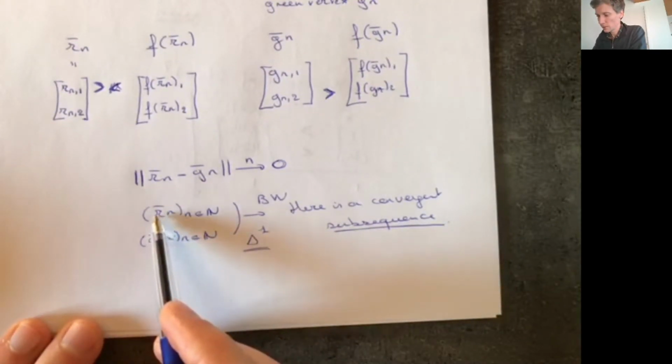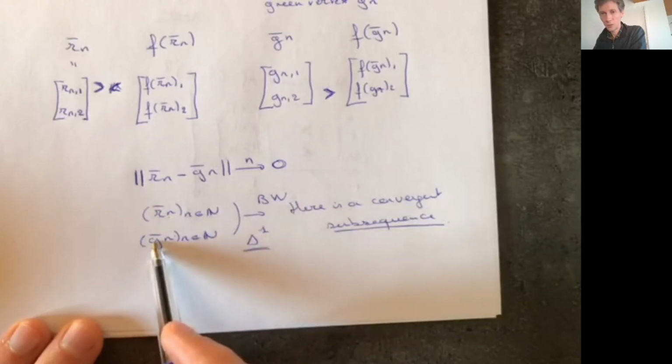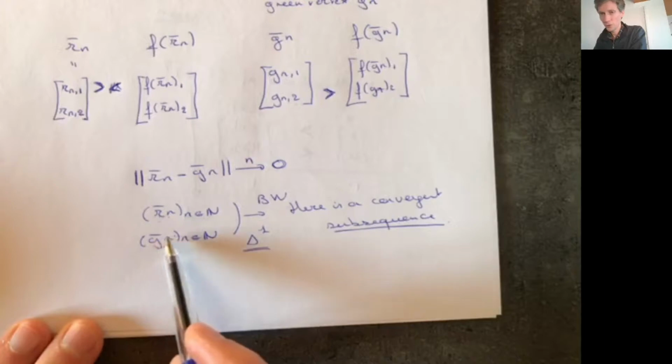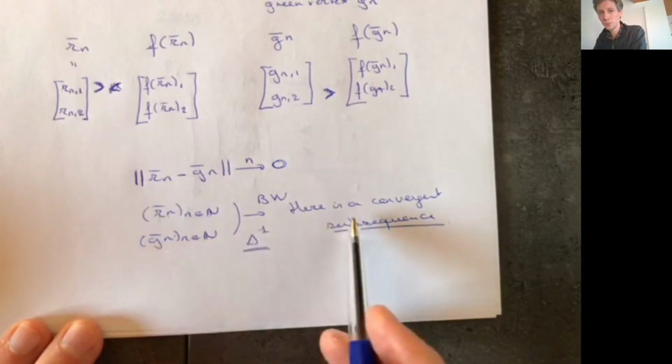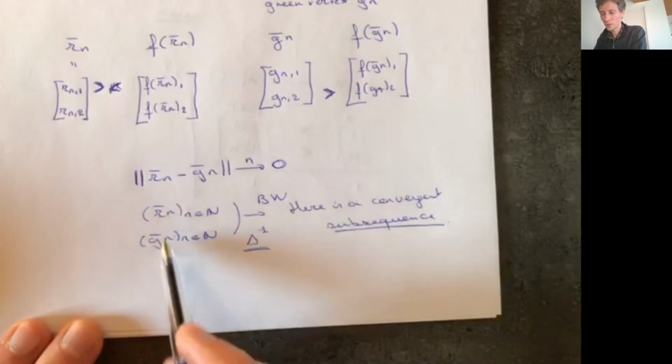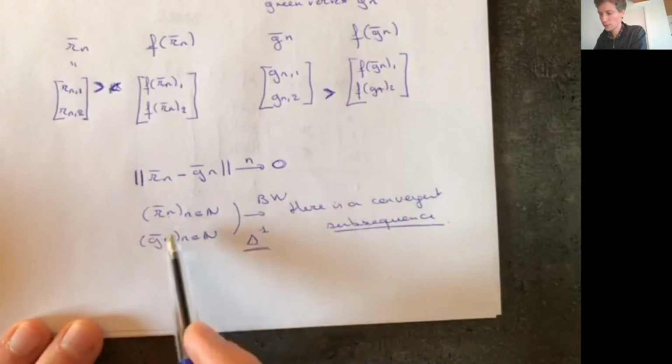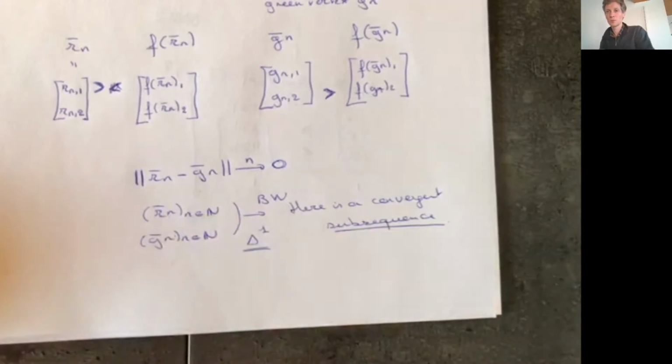So we take a convergent subsequence of R, restrict G to this subsequence, and then take a convergent subsequence of this subsequence of G. And then if I restrict R to this subsequence of G, both R and G will converge along this subsequence.